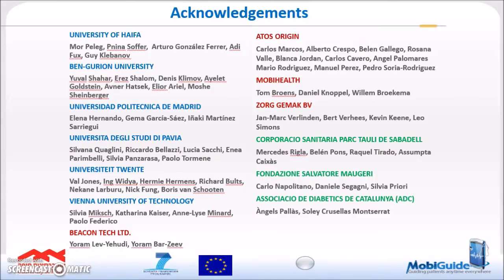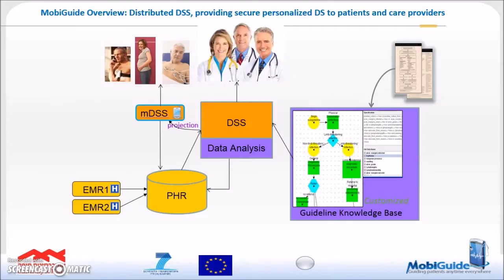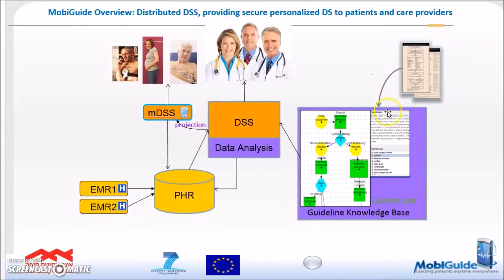MobiGuide is a European project in which 13 partner organizations participate. MobiGuide develops a distributed decision support system, providing secure, personalized decision support to patients and care providers. The decision support is based on clinical guidelines that are represented in computer interpretable guideline format.